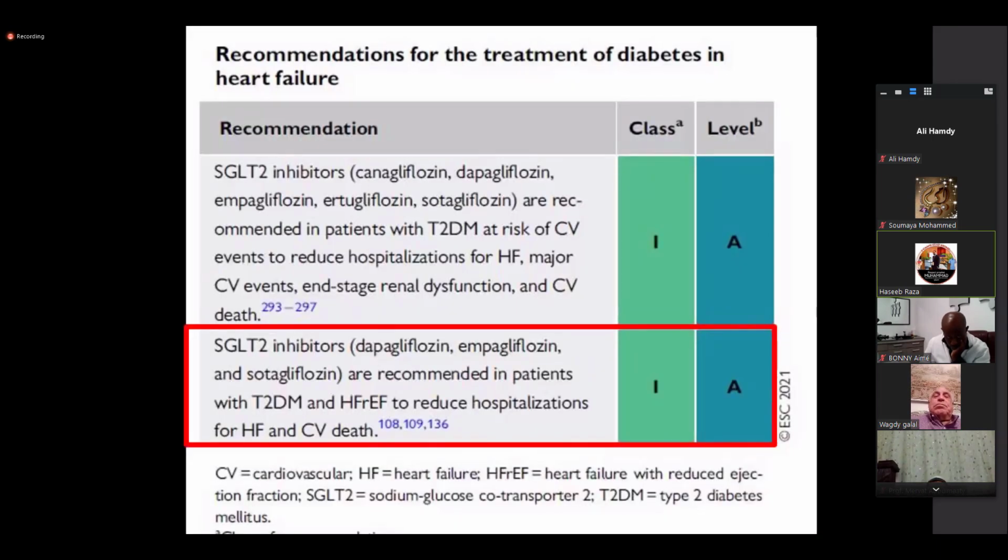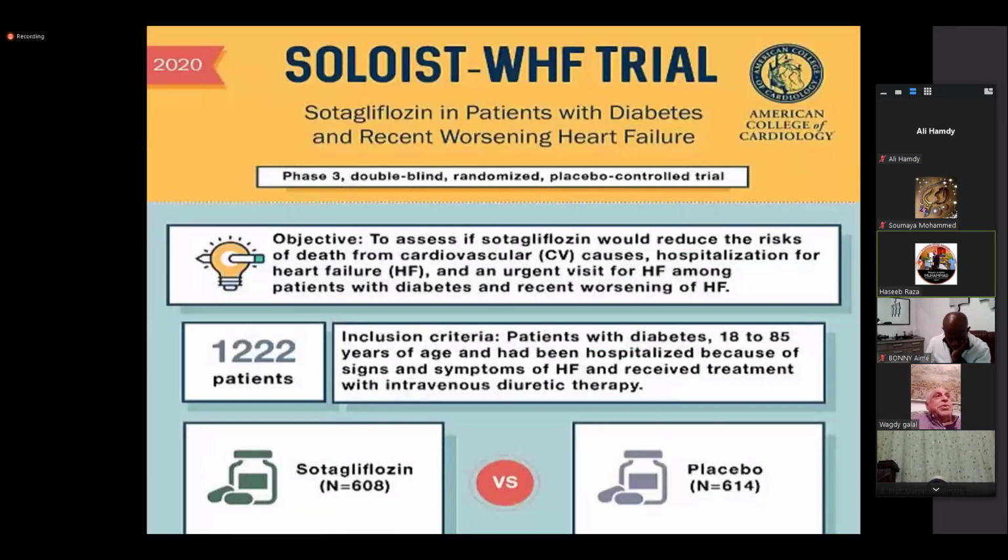Your patient has diabetes, your patient has heart failure with reduced ejection fraction. It is going to work on both sides. Definitely a class 1 indication.